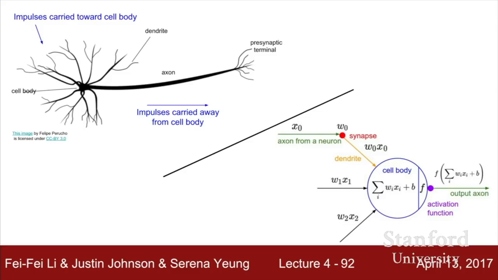So now if we look at what we've been doing so far with each computational node, you can see it in a similar way, where nodes are connected to each other in the computational graph, and we have inputs or signals x coming into a neuron.